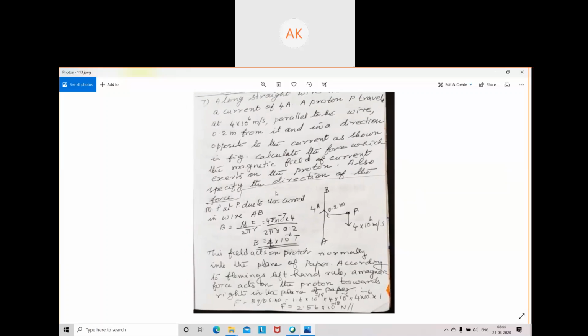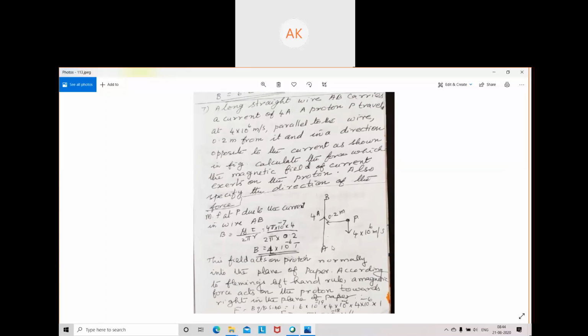You see, first you have to understand the question. Long straight wire, so you can draw a long straight wire. It carries a current of 4 ampere, so you can mark 4 ampere current on it. And a proton P travels at 4 into 10 raised to 6 meter per second, so you can mark a proton here with its velocity 4 into 10 raised to 6 meter per second, parallel to the wire. At what distance? 0.2 meter from it.